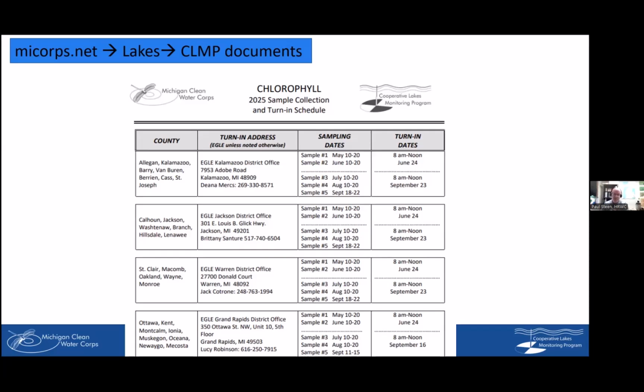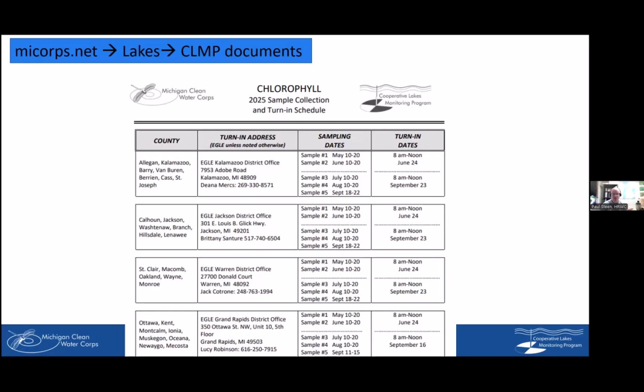And then you'll see that 5th sample is a strange date that doesn't seem to follow any sort of rhyme or reason. That 5th sample is the same time you take your summer phosphorus sample. So that's why we did it that way, so that you can just go out that one time and get that final end of the year sample.